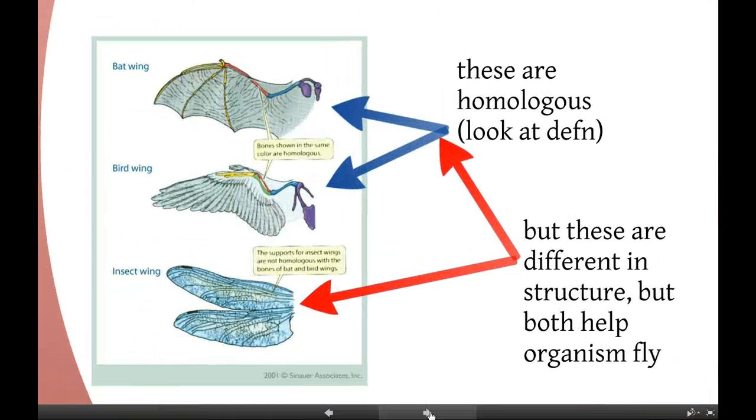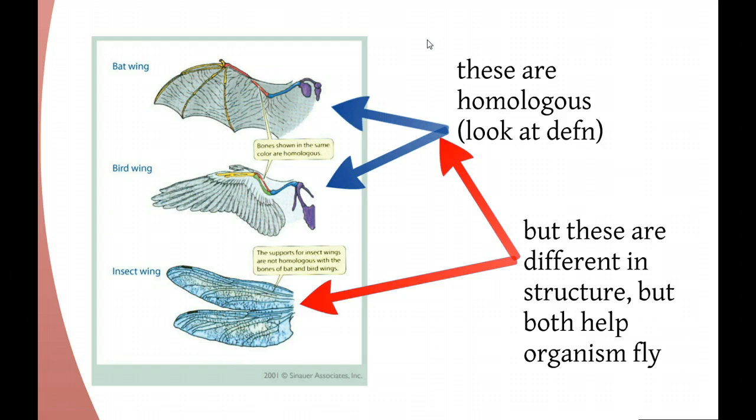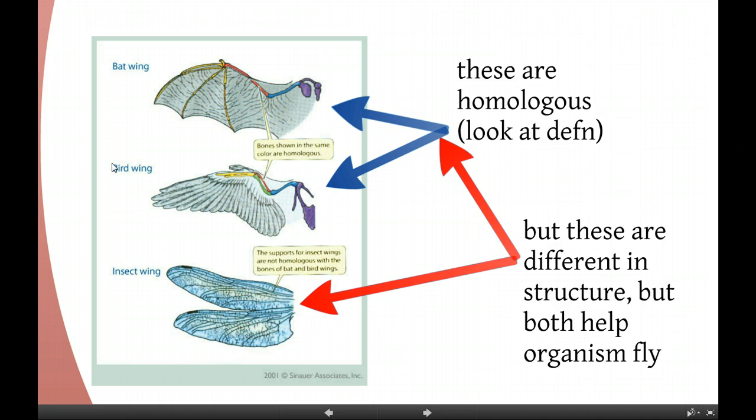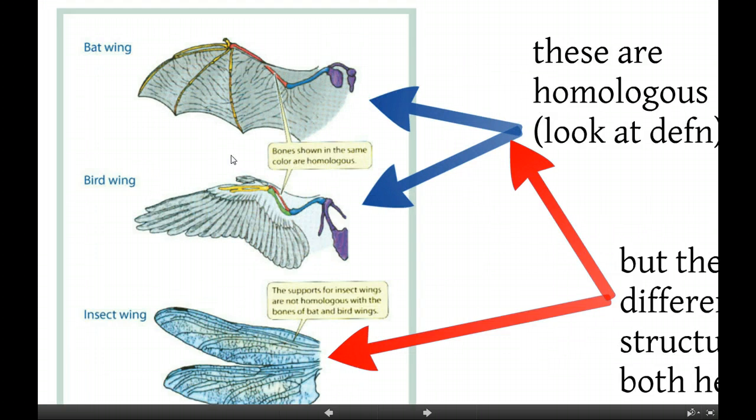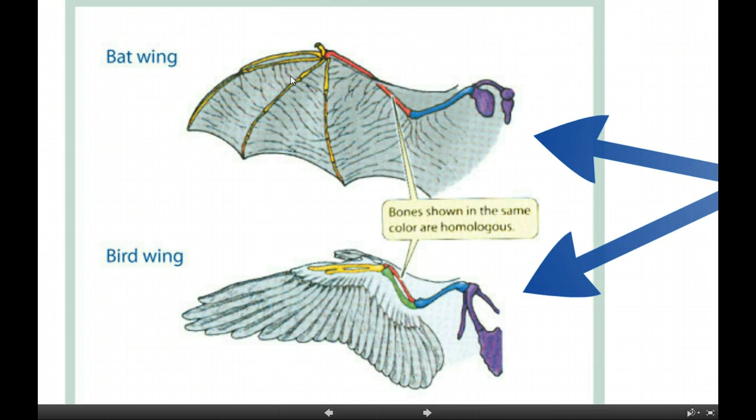And here are some examples. Look back at the definition of homologous structures if you can't recite it and really understand it. But remember, a bat wing and a bird wing are homologous structures. They have similar bones. They're colored. I can zoom in a little bit. The phalanges here are in yellow.